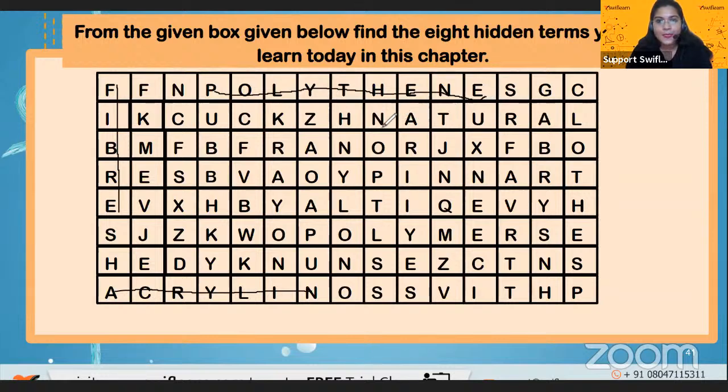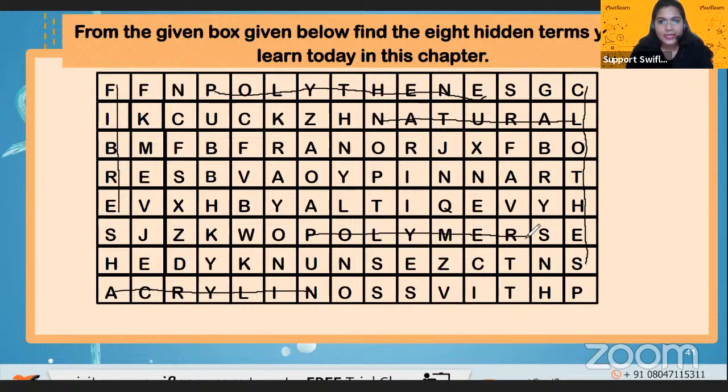Yes. Then natural. Okay, the word natural. Here only there is the clothes. Okay. Anything else is visible to you? Yes. The polymer. We have also studied about the polymer in the last class, remember? So I have found 1, 2, 3, 4, 5, 6 words.